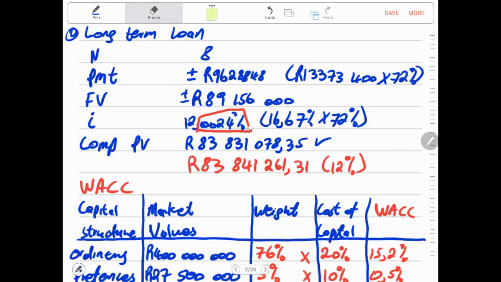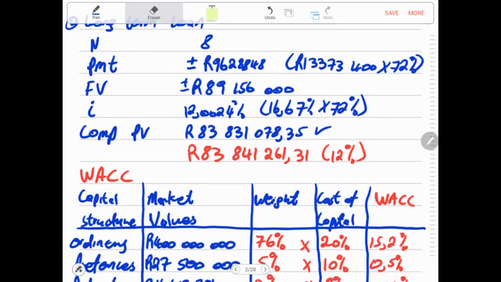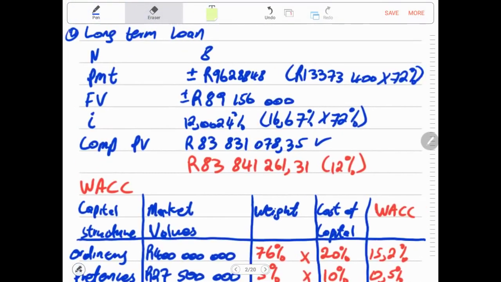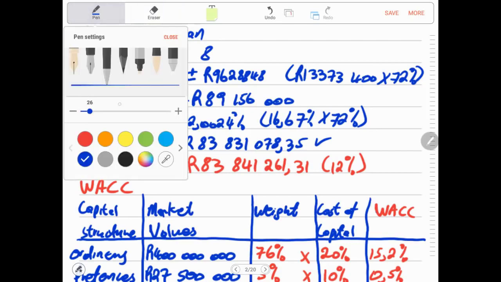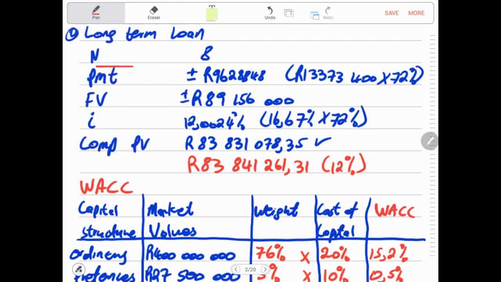If any financial instrument has a maturity date, you must know that you have to calculate using your financial calculator. And using your financial calculator, you'll need to have your N, your PMT, your future value, your interest. Then you determine your PMT because there was a maturity date for the loan.